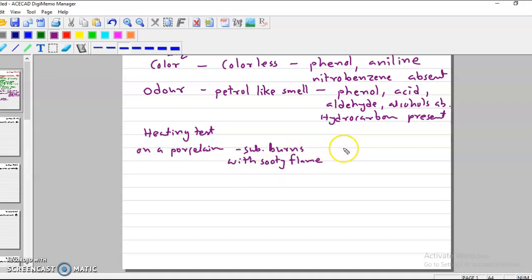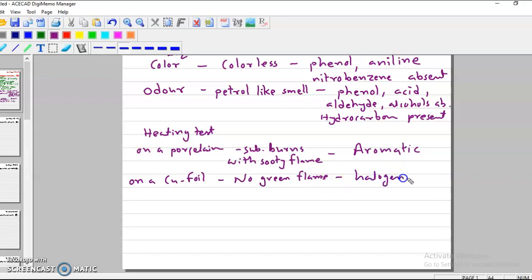Black smoke comes out, and that confirms the presence of aromaticity. So our compound is an aromatic compound. Heating on a copper foil, no green flame. This confirms that the given organic liquid does not contain halogen. So the halogen element is absent and our compound is not a halide.